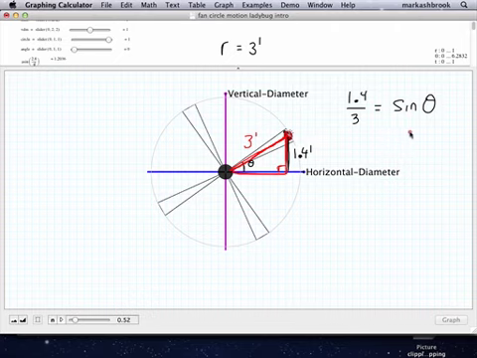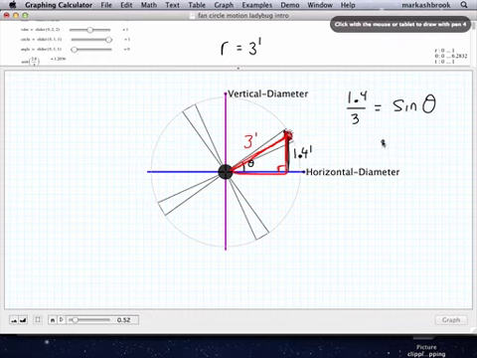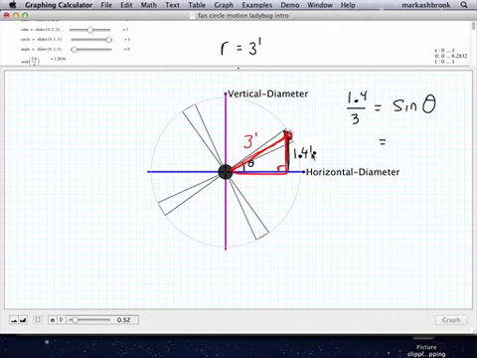So notice that relative to this angle theta, the number of radius lengths above the horizontal diameter, 1.4, we call the side opposite of theta. And in this right triangle, what's this radius called?